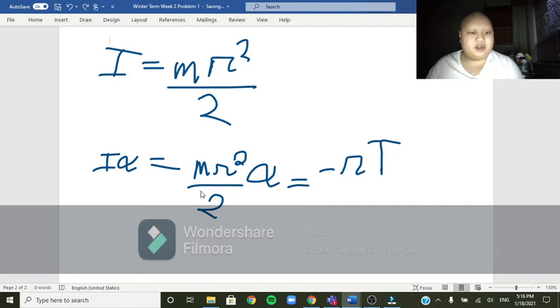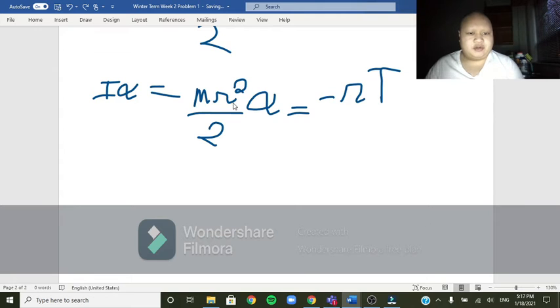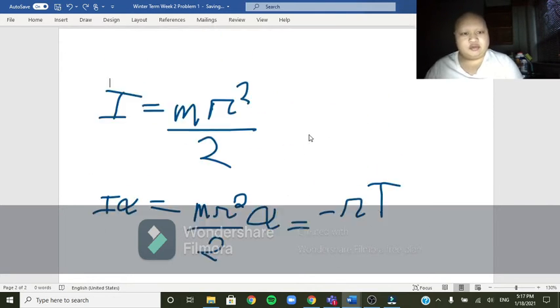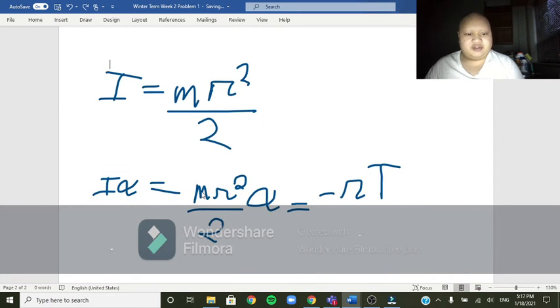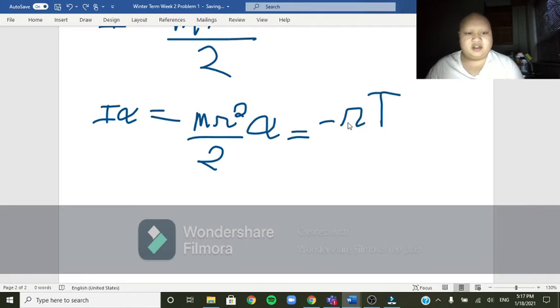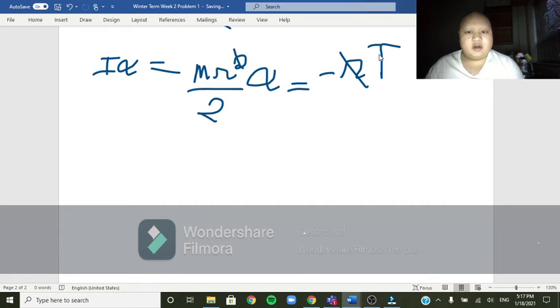So we plug that in for I, and that leaves us with mass times radius squared times angular acceleration over 2 equals the other equation we had earlier, which is negative r times T. So we set I times alpha equal to negative radius times tension. We can cross out the r's, leaving one r on the left side, and now we have m times r alpha over 2 equals negative T.